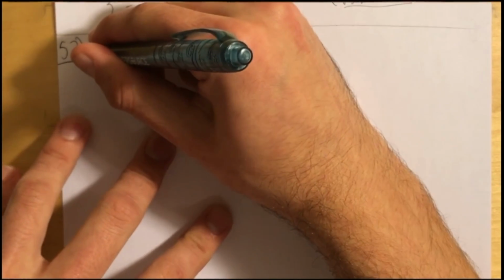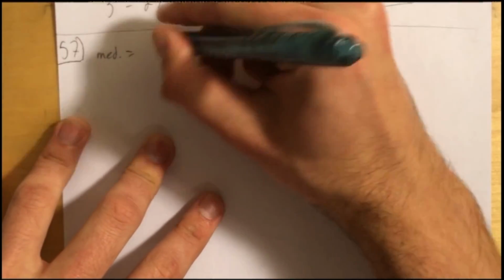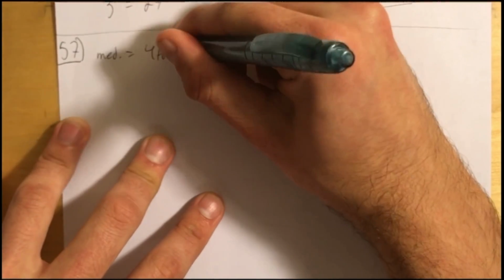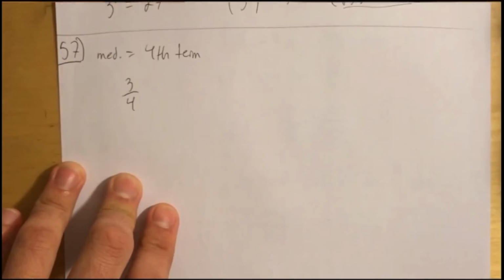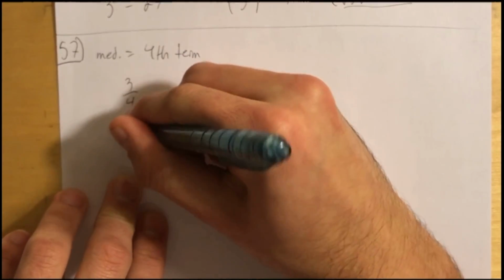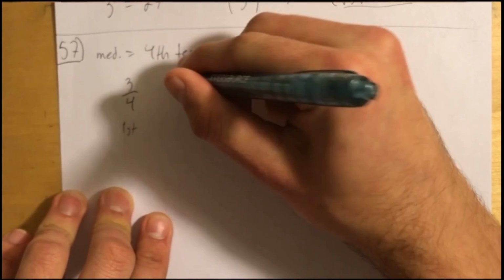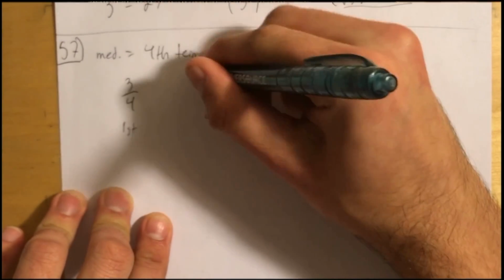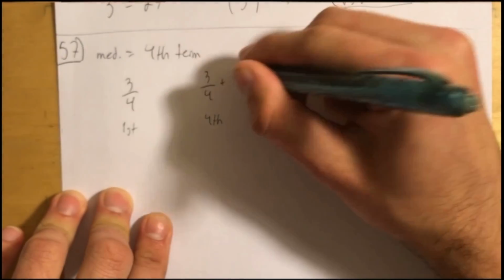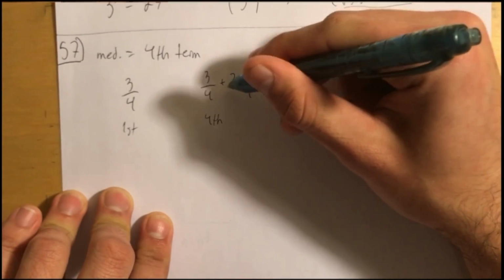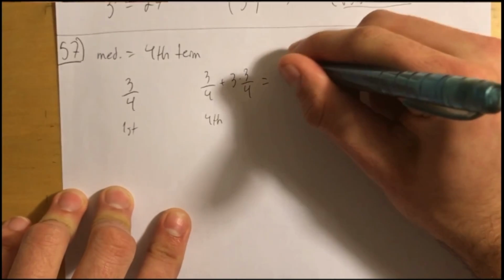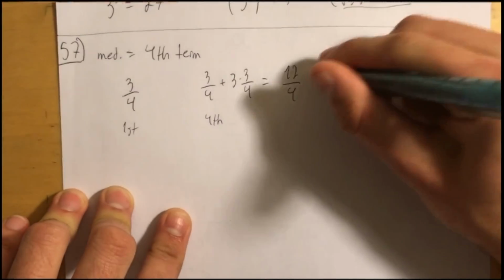So the median will be the 4th term. So if 3/4 is the first term, the 4th term will be 3 over 4 plus 3 times 3/4, because you add 3 over 4 for every additional term, which is 12 over 4.